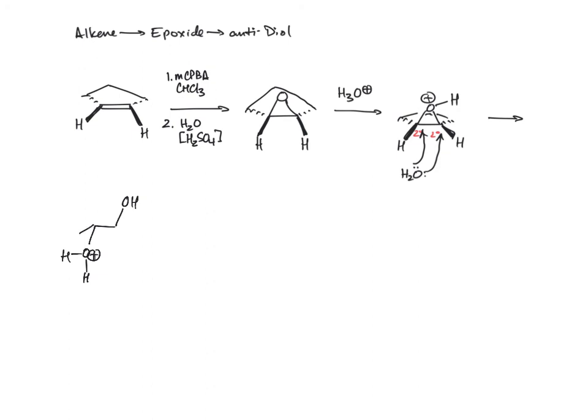So we put in the substituents that still exist. They're still there. This would be the compound from that attack. If this water attacks here and we cleave that bond, let's go ahead and draw that.